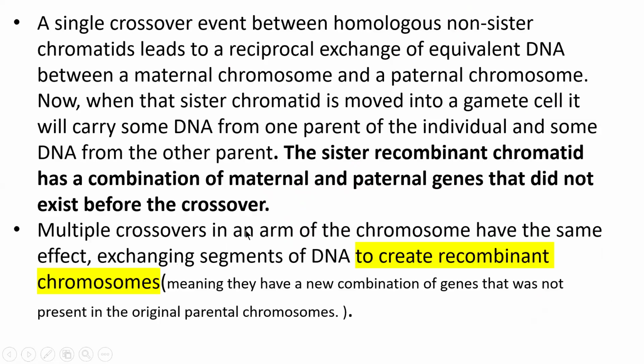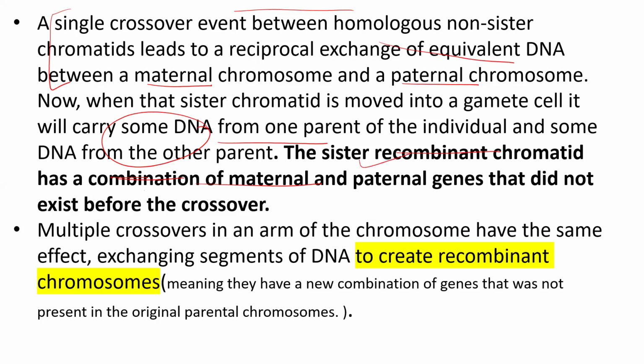A single crossover event between homologous chromosomes, between non-sister chromatids, leads to reciprocal exchange of DNA between the maternal and paternal chromosomes. So single crossing over takes place between mother and father chromosomes. When that chromatid moves into a gametic cell, it carries DNA from one parent and DNA from the other parent.